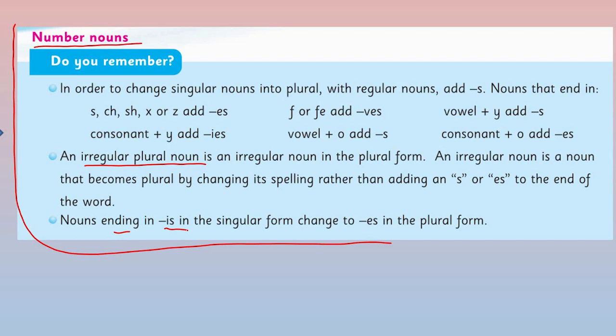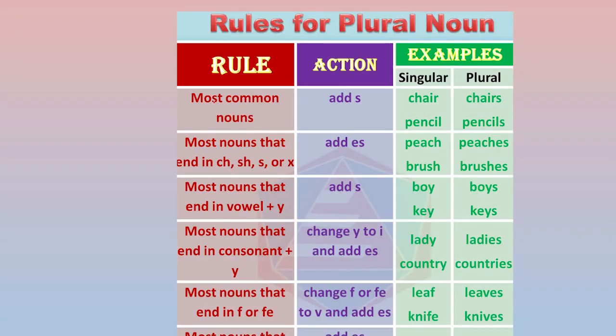So here, in order to change singular nouns into plural with regular nouns, we add s. Nouns that end with s, ch, sh, x or z, we add es at the end of it to make it plural. Like how? Look at this here.